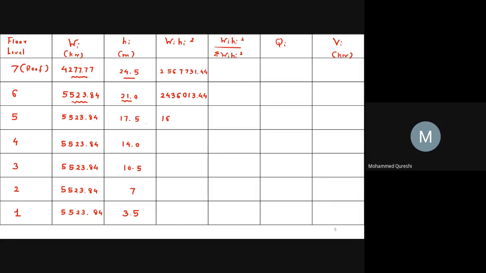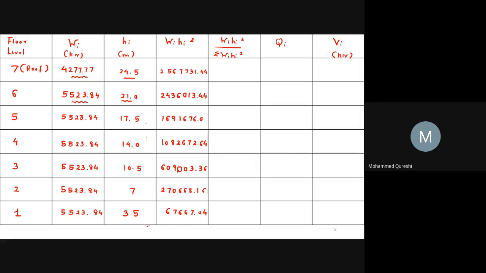Then same process, 1691676.0 and 1082672.64, 609003.36, 270668.16, and 67667.04.